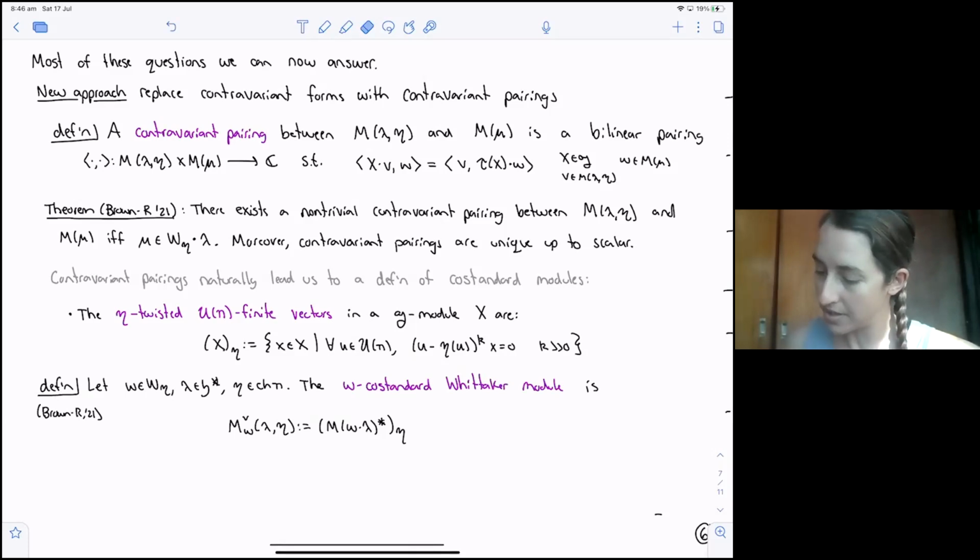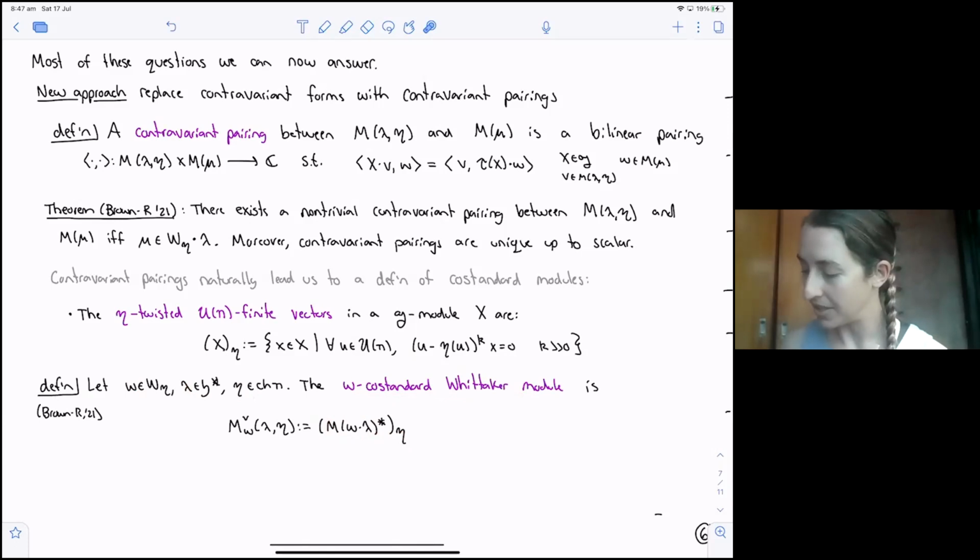And then the definition of co-standard objects goes like this. If we choose some W in W eta, then we can take the parameters lambda and eta. These are the parameters that go into constructing a standard module. We define a W co-standard Whittaker module to be what we get if we take the full linear dual of some Verma module, and then take these twisted UN finite vectors within this full linear dual.